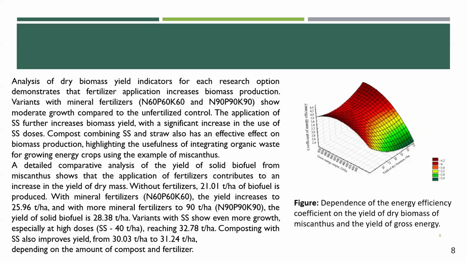And in conclusion, we have a discussion of the results. A comparative analysis of the table shows that the application of fertilizers significantly affects the production of dry biomass of miscanthus, and analysis of the dry biomass yield indicator for each research option demonstrates that fertilizer application increases biomass production.